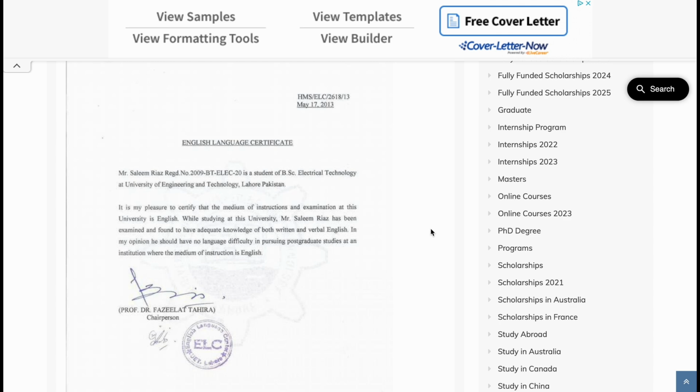While studying at this university, Mr. Salim has been examined and found to have adequate knowledge of both written and verbal English. In my opinion, he should have no language difficulty in pursuing postgraduate studies at an institution where the medium of instruction is English. You see how generic, like they were not being specific, but it is great.